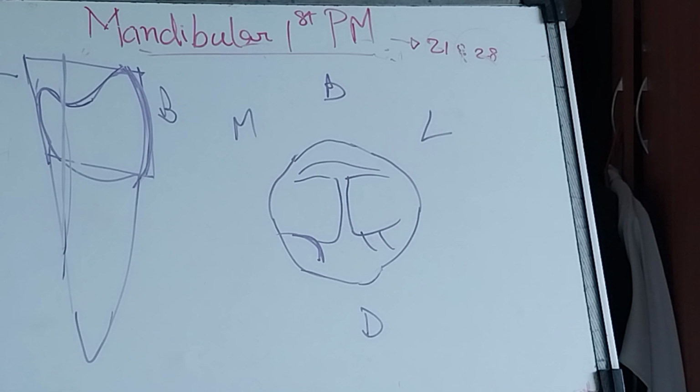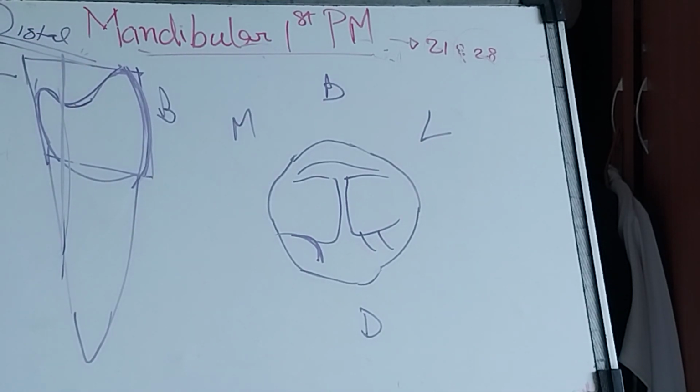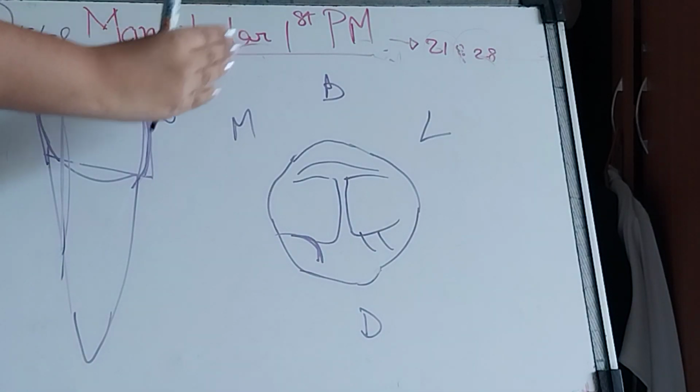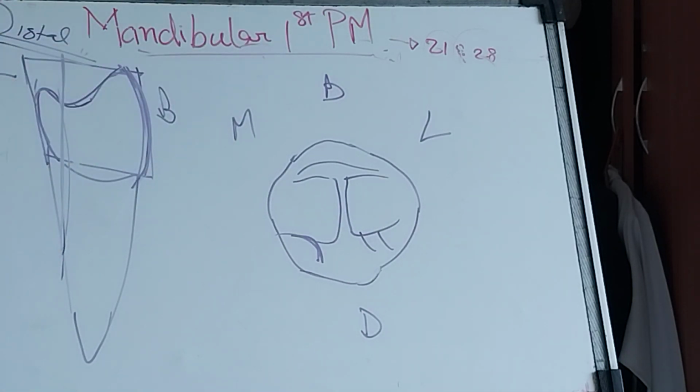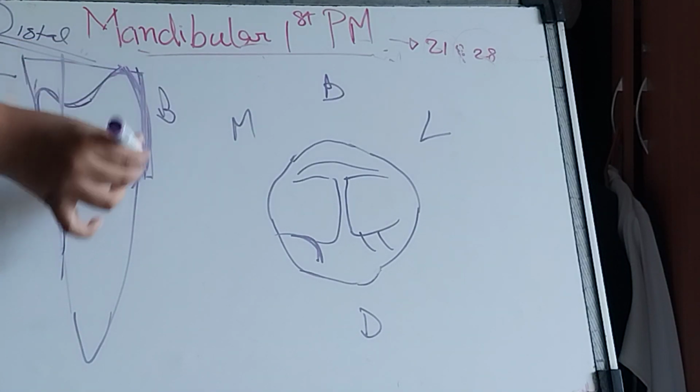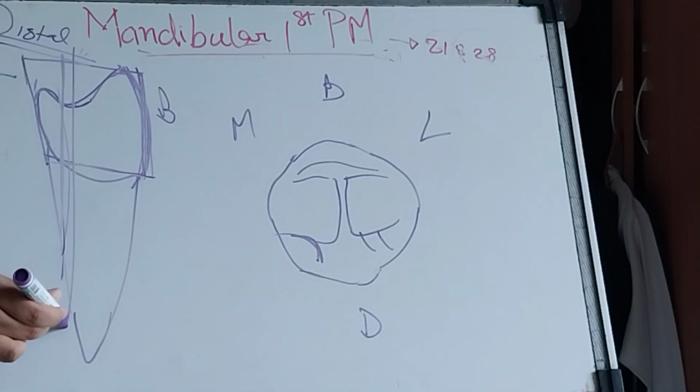Okay, so let's see the other features that we see in the distal aspect. That is not similar to the mesial aspect. Here we can see the distal marginal ridge is perpendicular to the long axis of the tooth. There it was sloping, it was not perpendicular. Here it is perpendicular to the root axis.